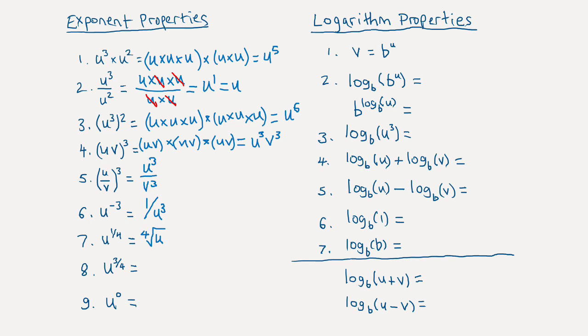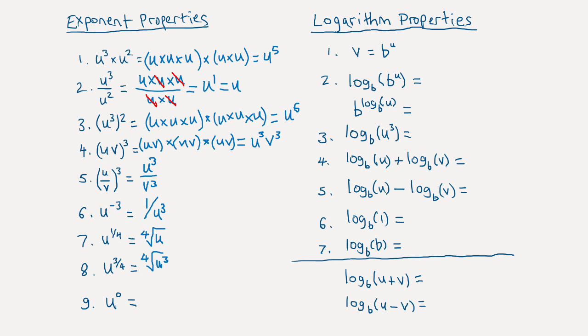What if we've got number 8, u to the 3/4? So here we've got the 4th root of u cubed. So the 3 in the numerator remains as u to the power of 3, and then the 4 in the denominator of the exponent.